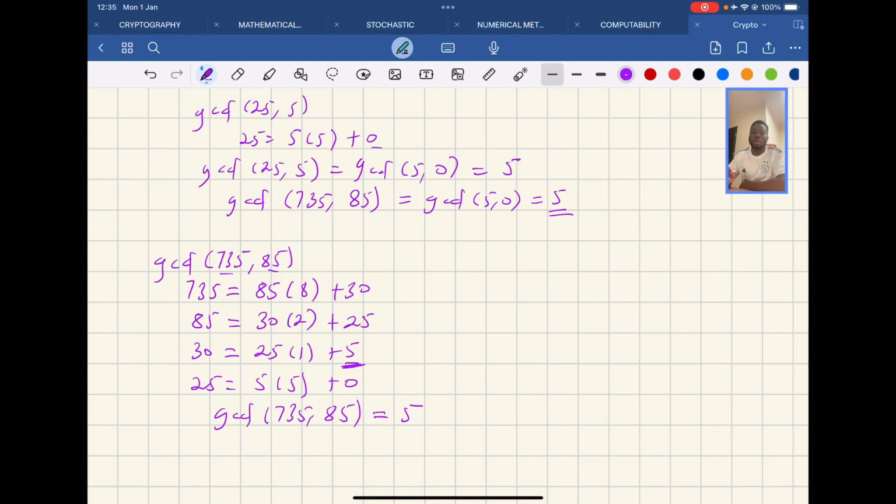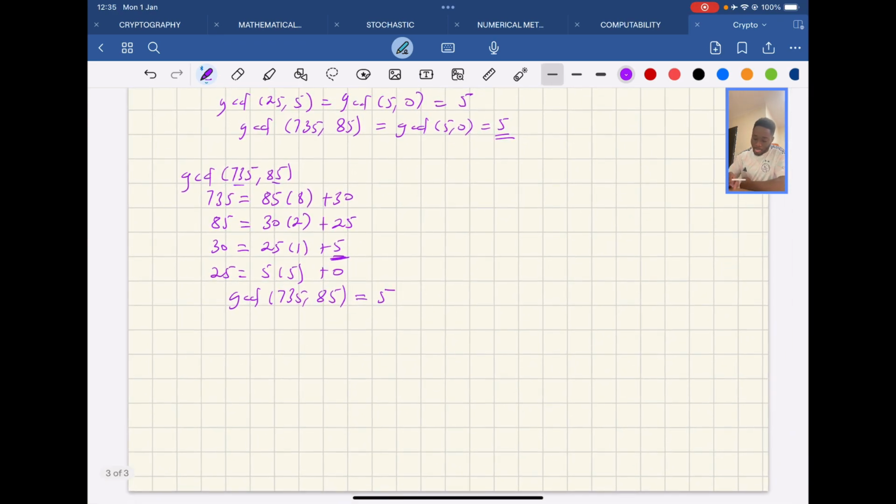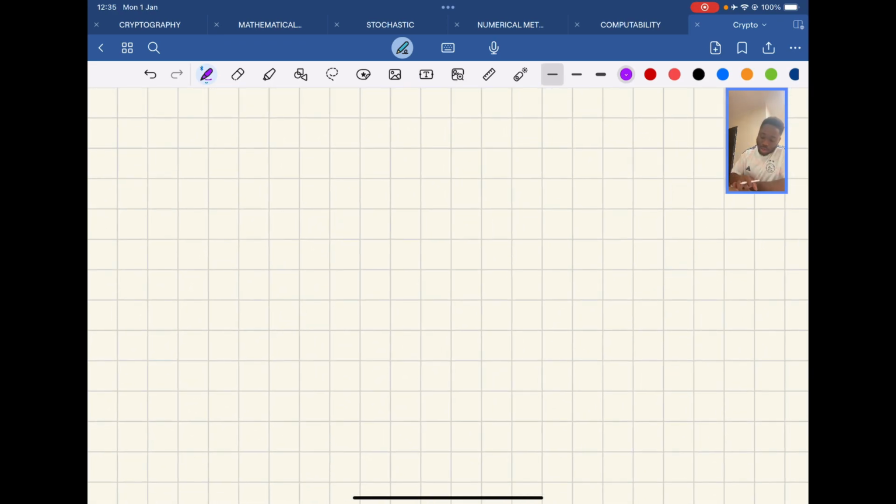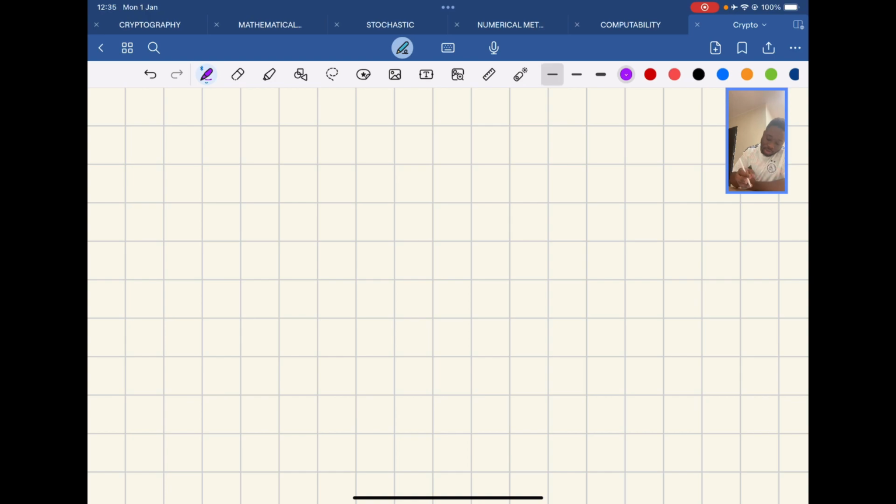So this is a way of finding the GCD of any two numbers using the Euclidean algorithm. Okay, so let's try one other thing. Another example: find the GCD of 167 and 43.